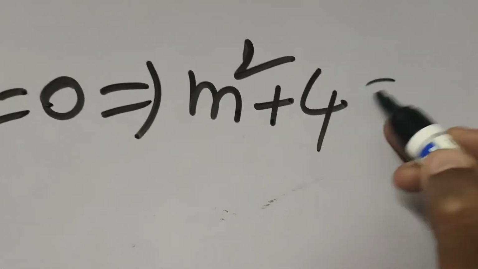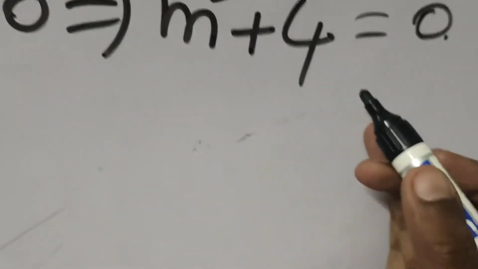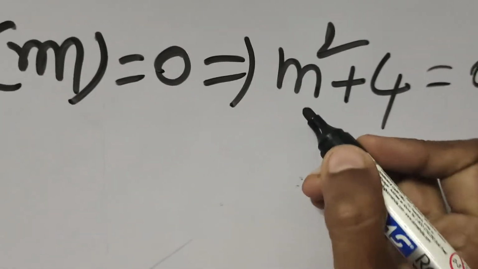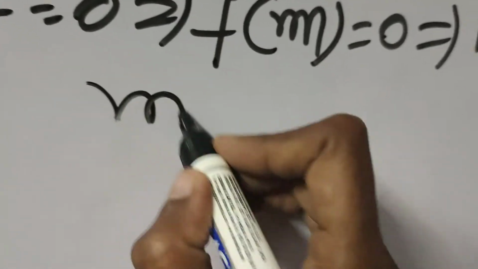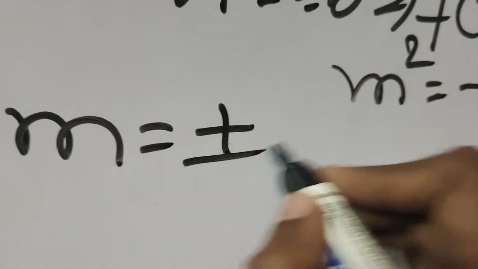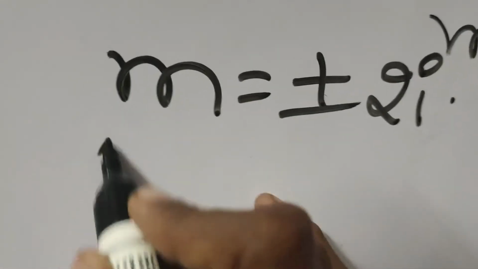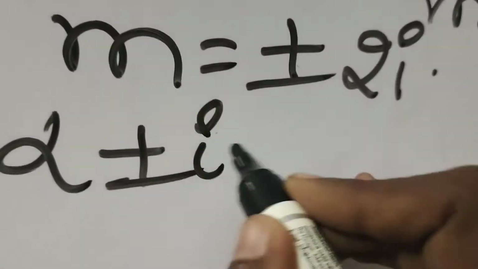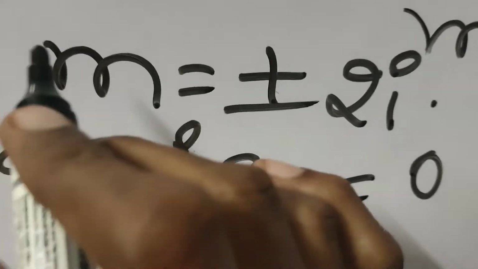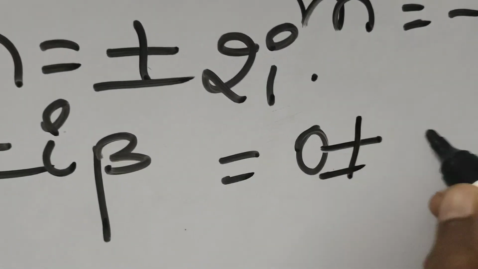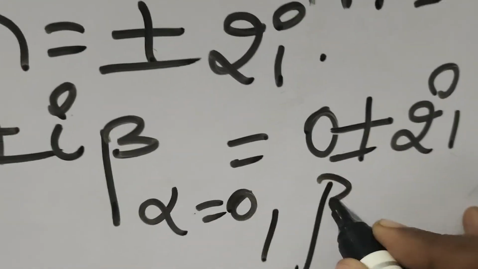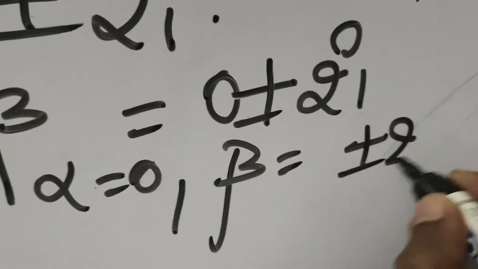In terms of m, that is m² + 4 = 0. To find the complementary function, find the roots of m: m² = -4, so m = ±2i. Using the form α ± iβ, the roots are 0 ± 2i, so α = 0 and β = 2.